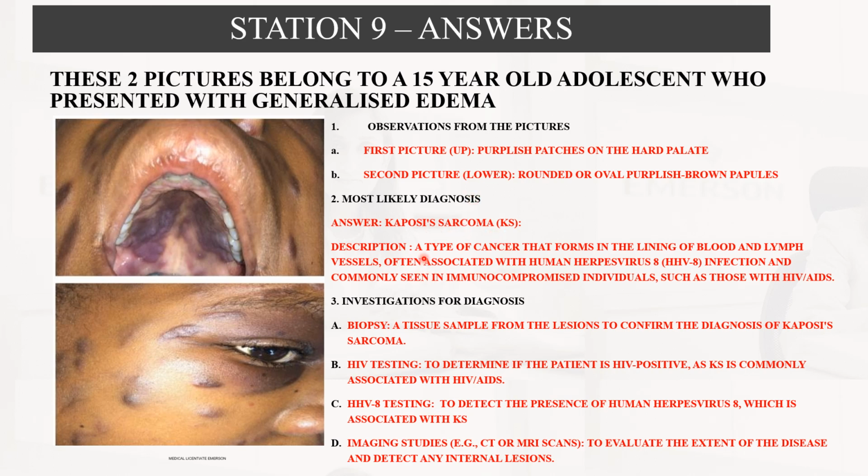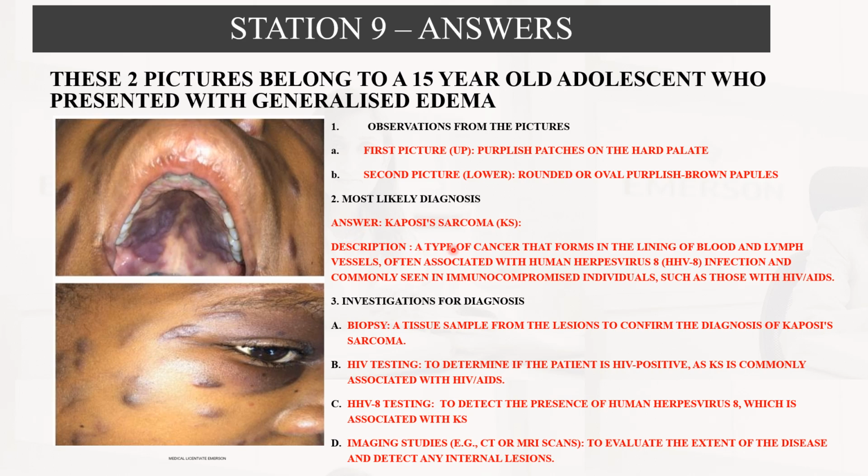Okay, why specifically? What is Kaposi's sarcoma? What's the description? So I added this description because we usually know Kaposi's sarcoma. Instead of just going through the investigation, we also need to understand what type is it? What causes it?